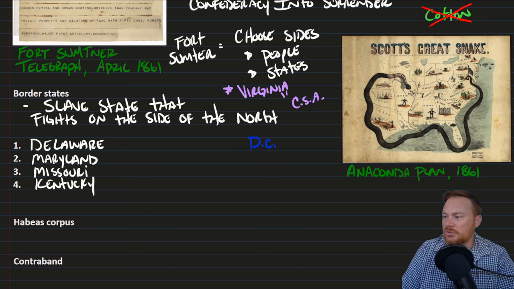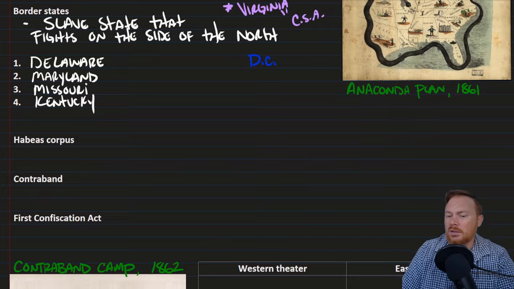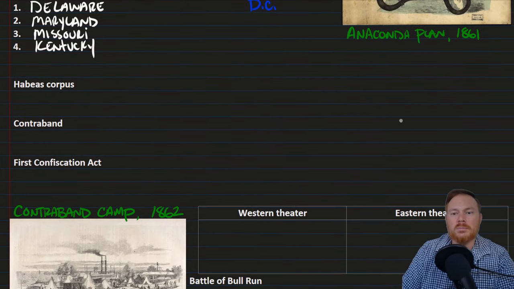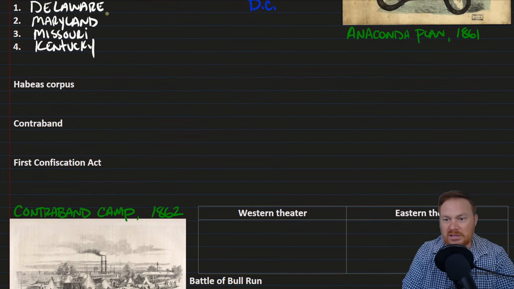Now, in order to conduct this war, Abraham Lincoln suspended what was known as habeas corpus, and this was done specifically inside of Maryland to secure the capital of Washington, D.C. Habeas corpus, generally speaking, is sort of the right to a trial.